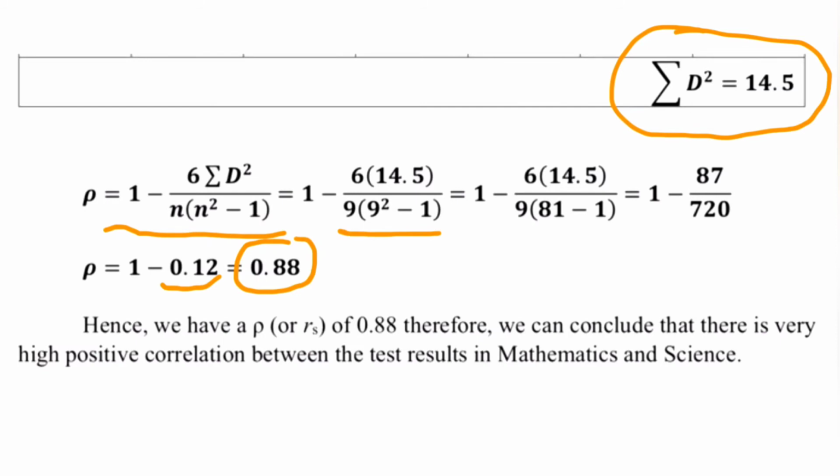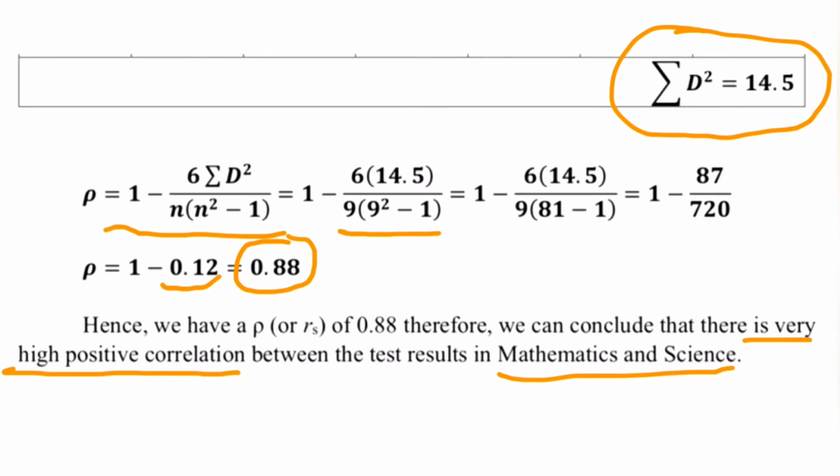Since that is positive, we have a Rho or r sub s of 0.88. Therefore, we can conclude that there is a very high positive correlation between the test results in mathematics and science.